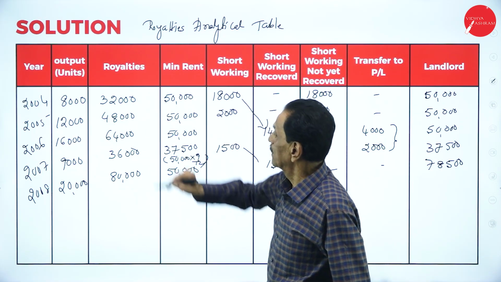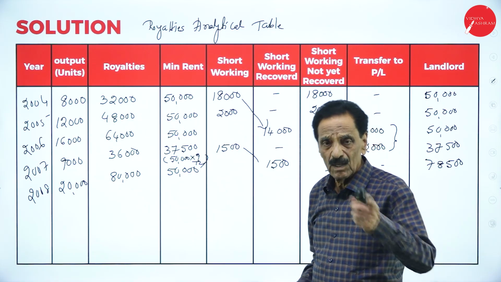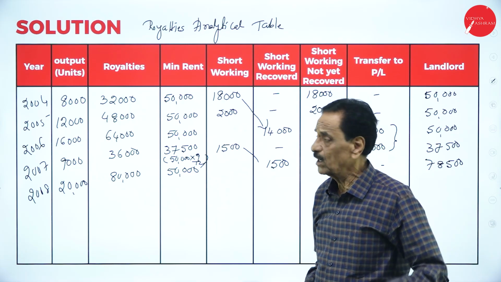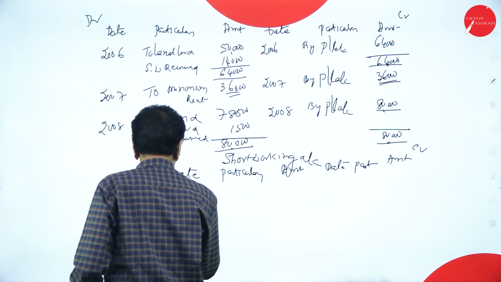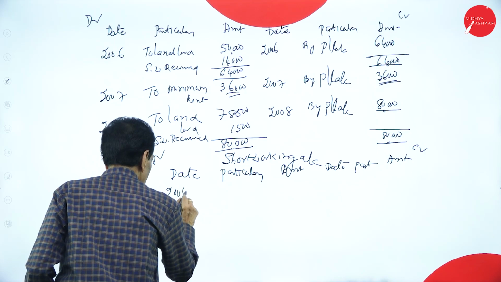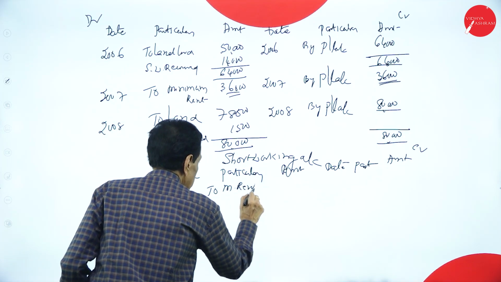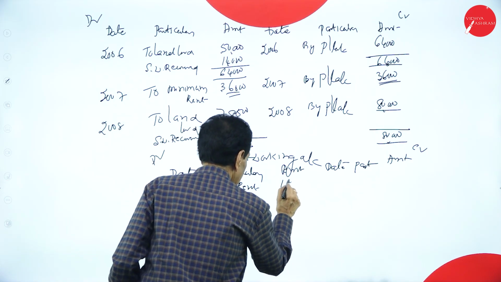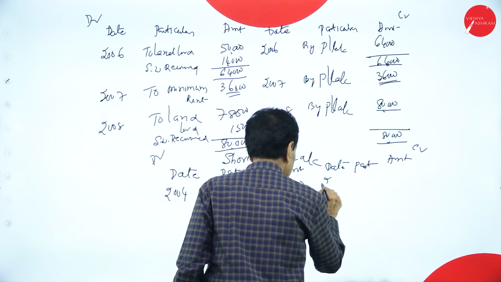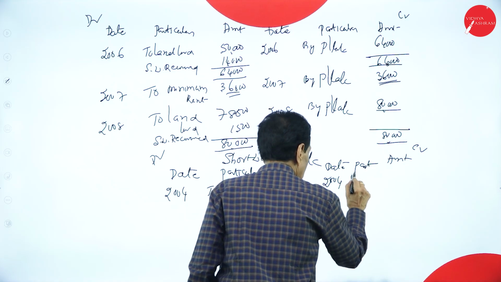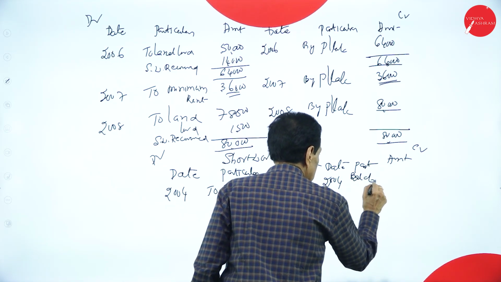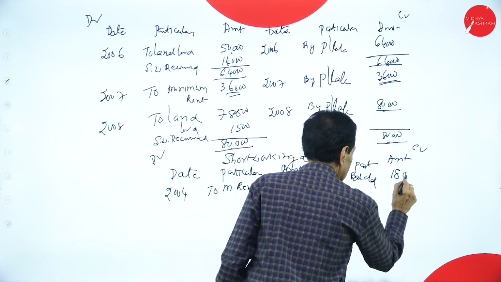Short working, royalties account debit, short working account debit to minimum rent. 2004 to minimum rent. How much shortage? 18,000. 2004 balance carried down, 18,000.